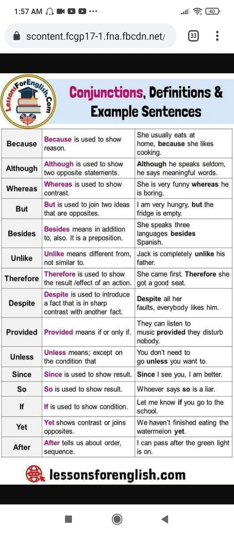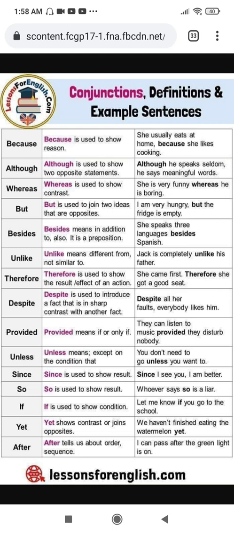What does the first one say? The first one says that she usually eats at home. So there is obviously a curiosity in mind: why does she eat at home? What's the reason behind this? The word because gives you the answer. Why does she eat at home?